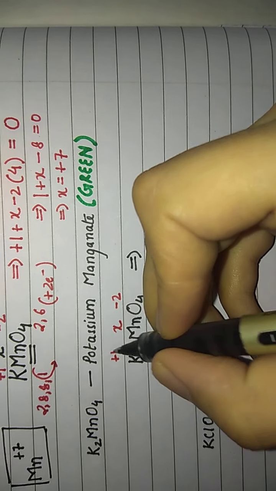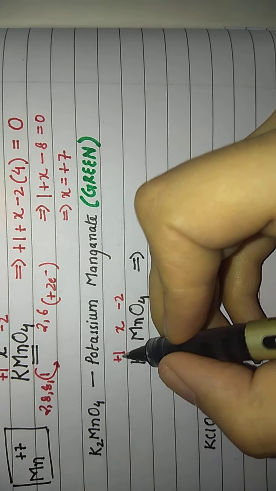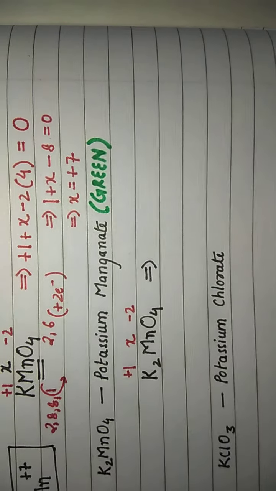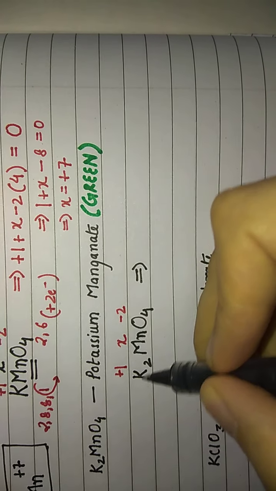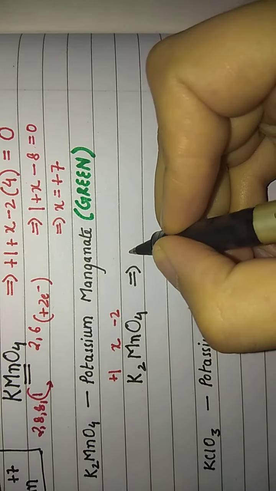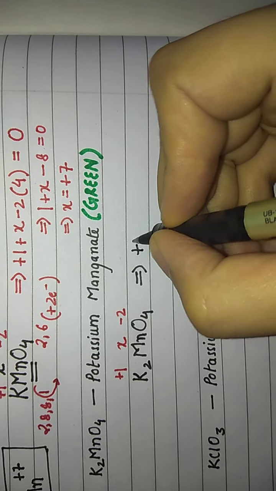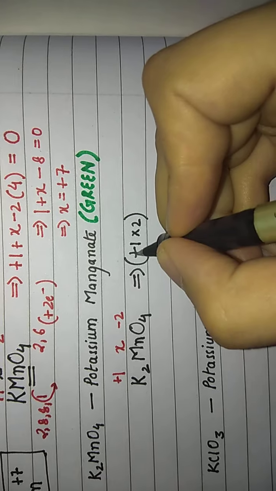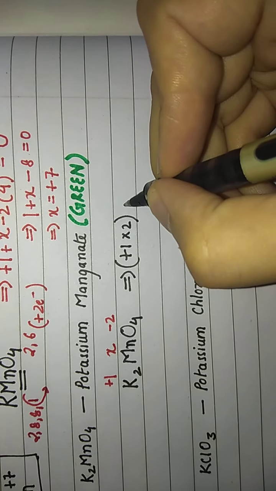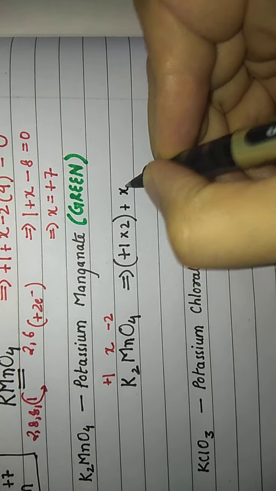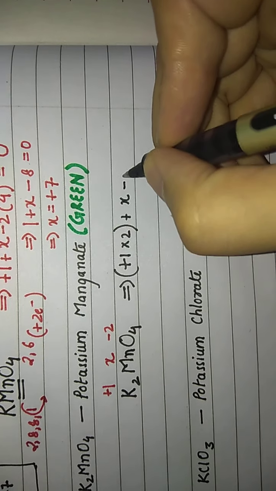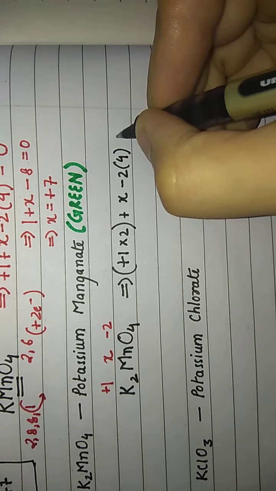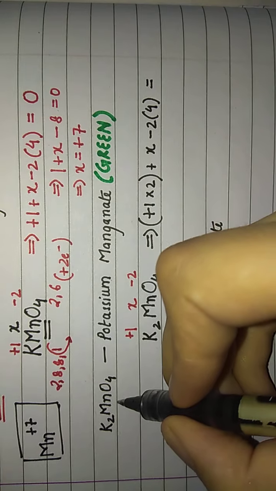One potassium atom exhibits a charge of +1. But how many potassium atoms are present here? There are 2 potassium atoms present here. So I will multiply this by 2: +1 multiplied by 2, plus x, and then -2 into 4. Again, this is an electrically neutral compound.